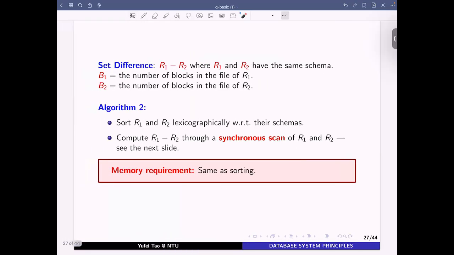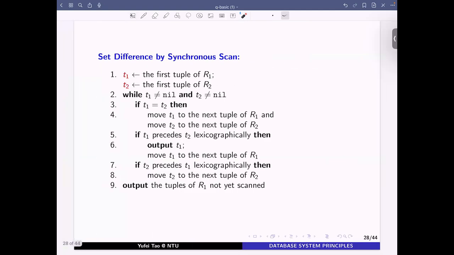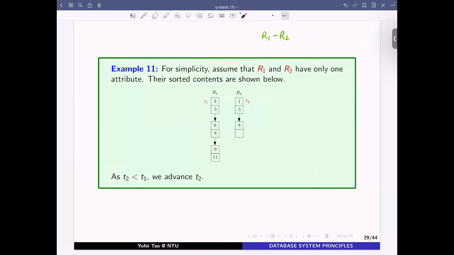But I think in general, it would be useful to get the main ideas from an example first. So here, once again, let's assume that R1 and R2 each have only one attribute. You can see this is the situation after sorting.